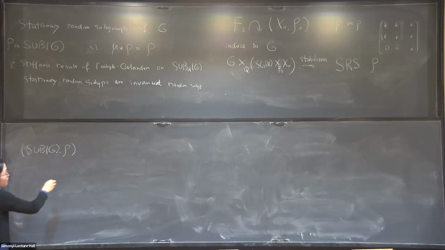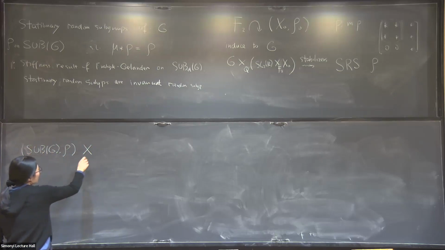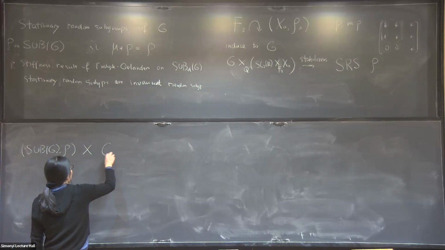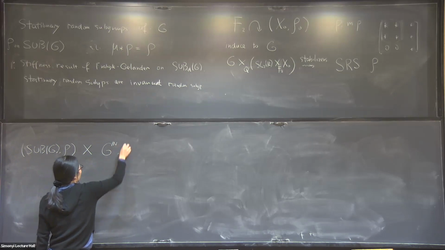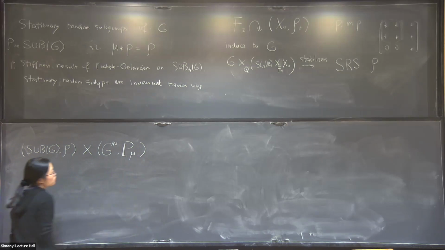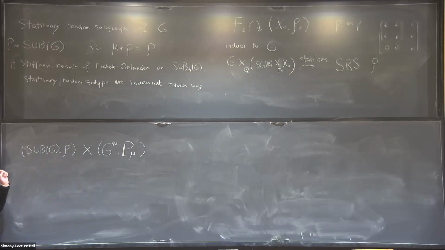If rho is invariant, you can just take a direct product with your random walk trajectory space, which represents your random walk trajectories, and then this factors onto the Poisson boundary. So you can do this product and it remains stationary if rho is invariant.